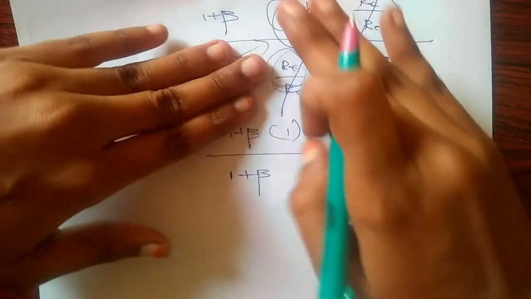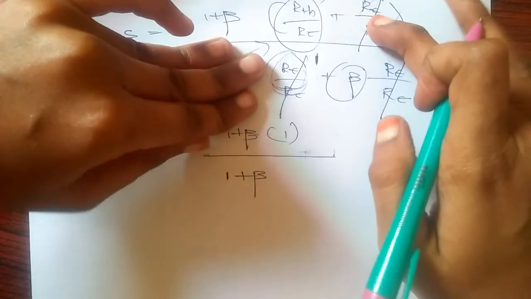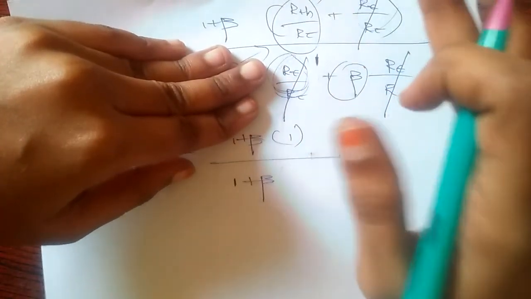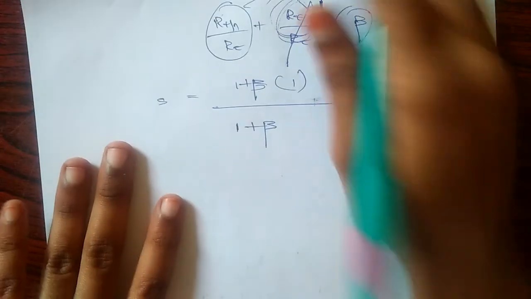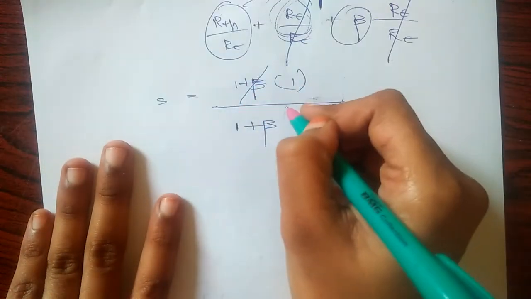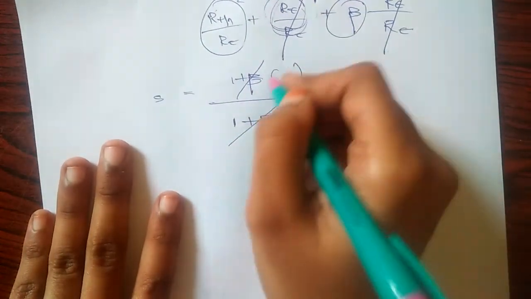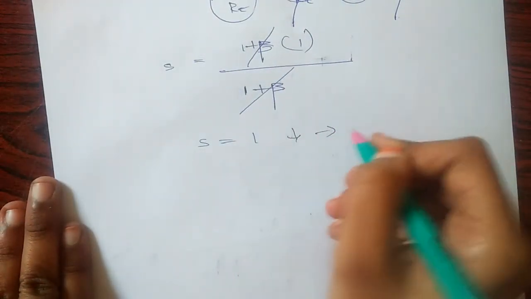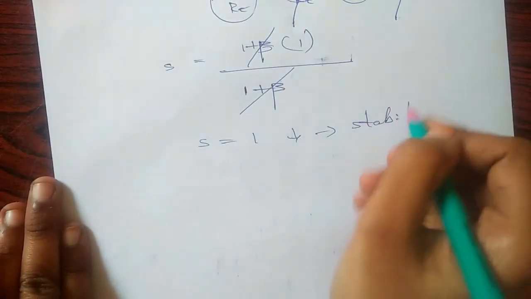These values are neglected. Now we cancel 1 plus beta, and we get the stability factor S equal to 1, which is very low, so the stability is high.